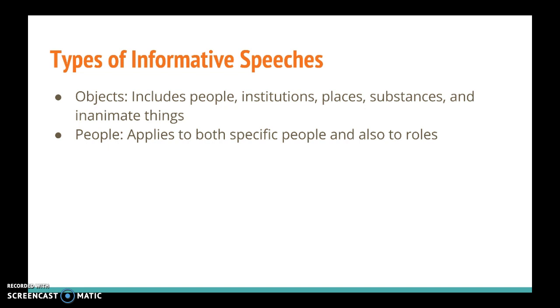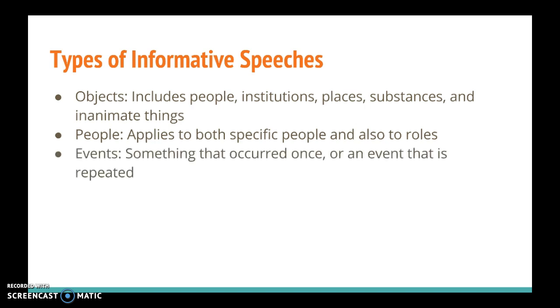So, for example, you could just give a speech about astronauts in general and have the specific purpose to inform your audience about the training programs undergone by the first U.S. astronauts to land on the moon. So that would be an example of a people speech, right? Because you're talking about astronauts in general. You're talking about roles that people can play. So that can be a type of informative speech that you give as well.